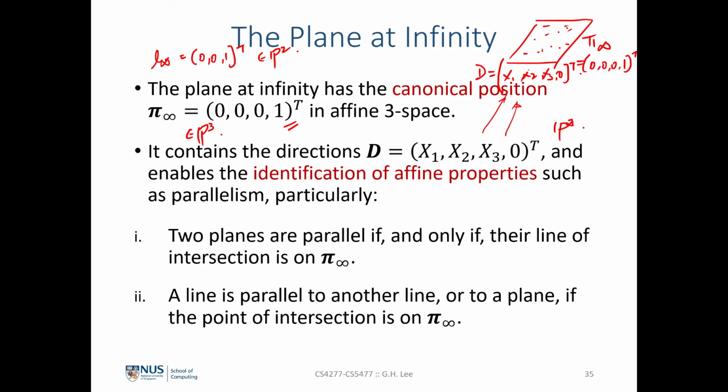And this enables us to identify the affine properties such as parallelism. Particularly, two planes are parallel if and only if their line of intersection is on the plane at infinity. This means that if I have two parallel lines, they are going to intersect at the infinite point, which is given by D, (x1, x2, x3, 0) transpose.